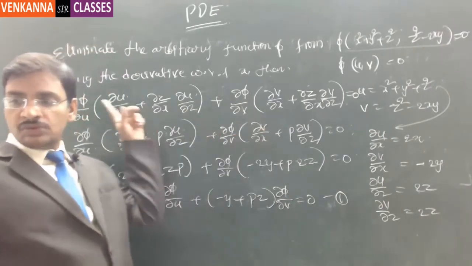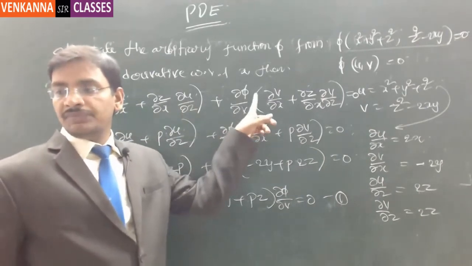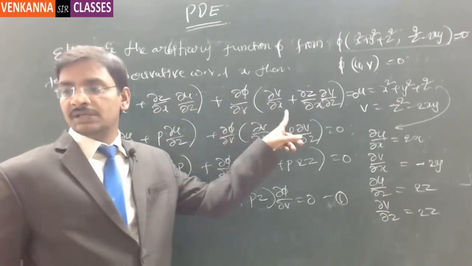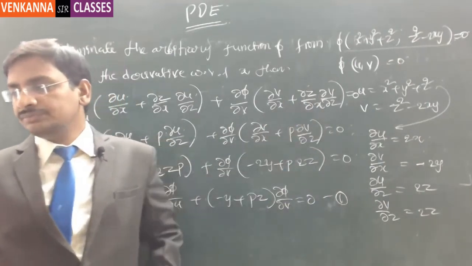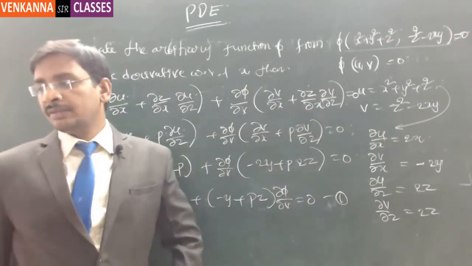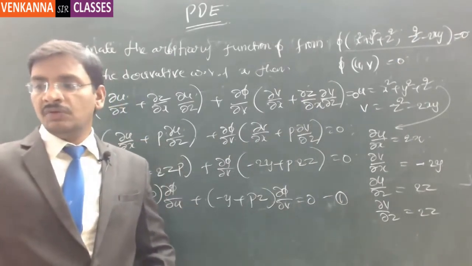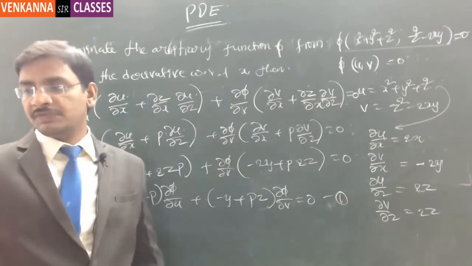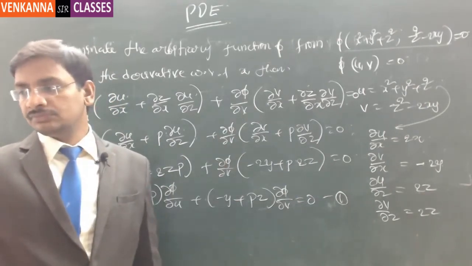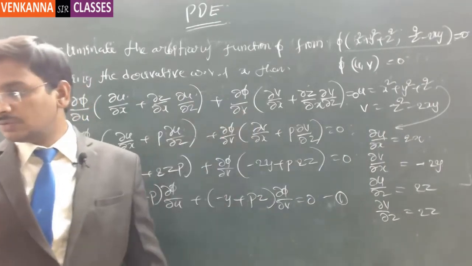So you are doing with respect to u and then with respect to v, and in that dou v by dou x into dx by dx, dou v by dou z into dz by dx. Got it? So this is finding out the partial derivative when there are multiple variables present. You have to learn this as part of partial differentiation. Here, this is the method we adopt in case you want to find out.